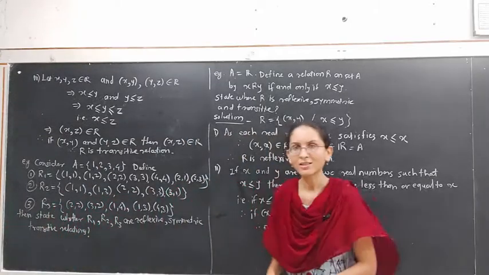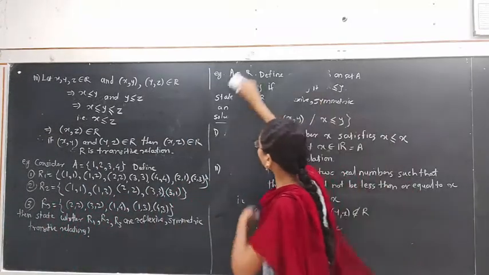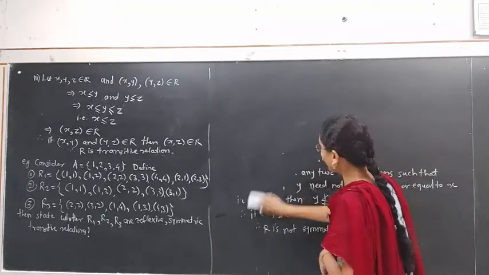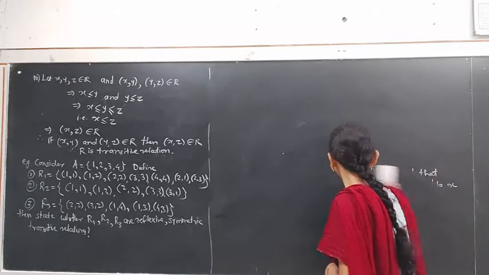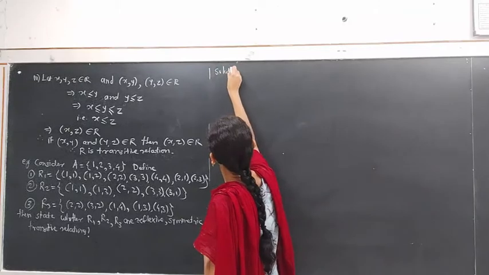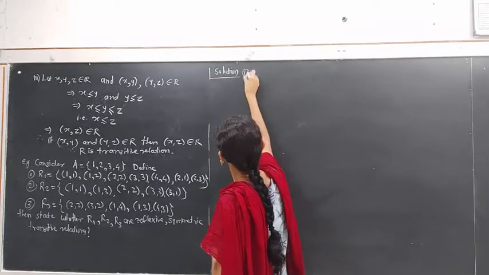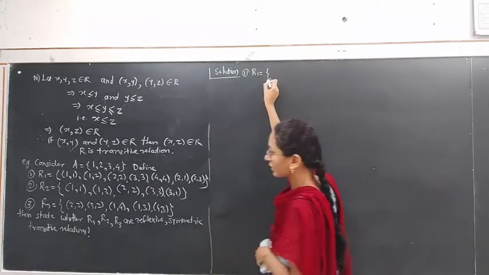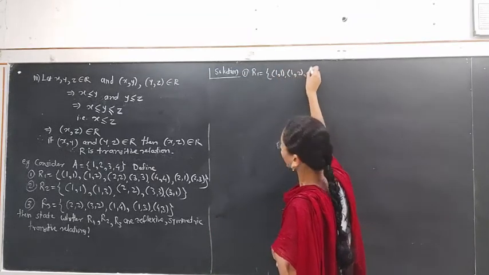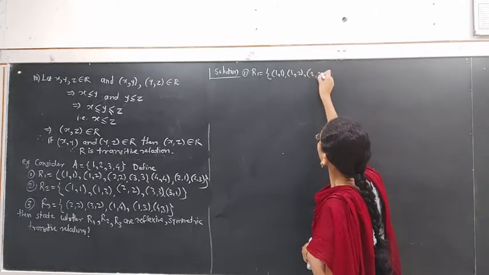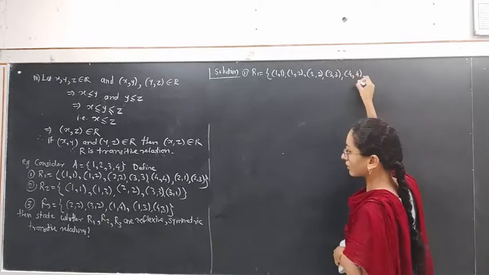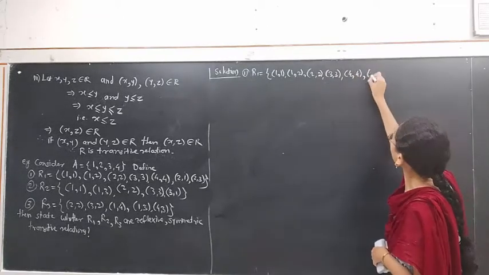The A set is given as set of 4 elements 1, 2, 3, 4. The first relation R1 is defined by R1 is equal to {(1,1), (1,2), (2,2), (3,3), (4,4), (2,1), (2,3)}.